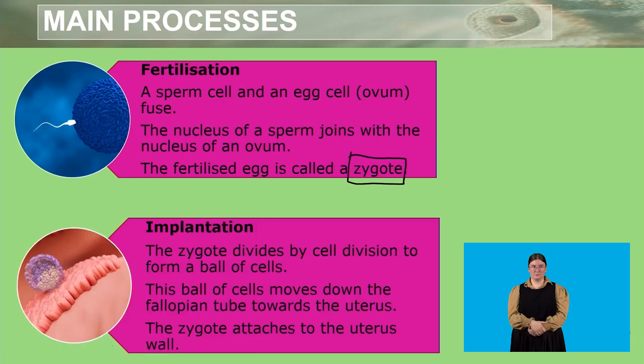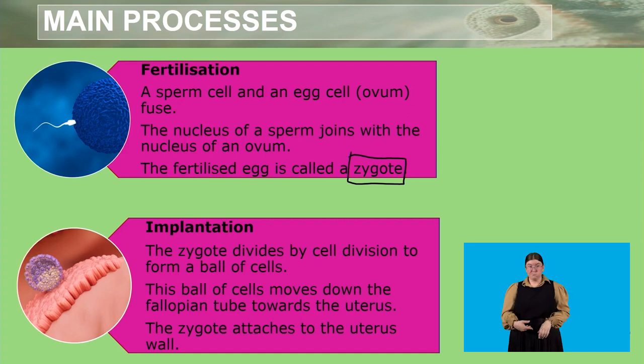So once the egg cell has fused with the sperm cell to form a zygote, what will happen next is implantation. But before implantation happens, you will have the zygote travel along the fallopian tube to implant itself on the uterus wall.